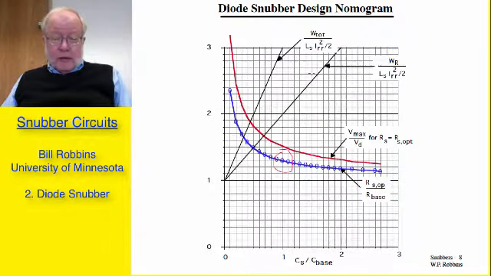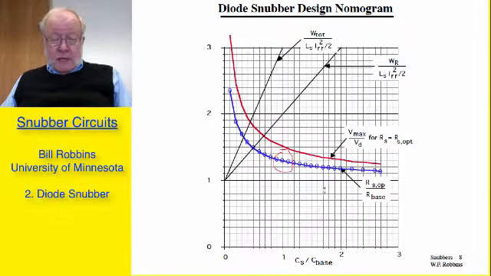I've also plotted on here a couple of other quantities. The energy dissipated in the resistor as a function of the energy stored on the inductor at t equal to 0, that is 1/2 L IRR squared. I've also plotted the total power dissipated in the snubber and the switch, the diode, normalized to, again, the energy stored in the inductor at t equal to 0.